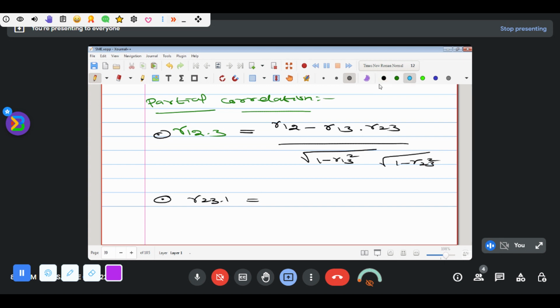So how to memorize this formula? For r 12.3, R12 minus R13 R23, divided by root of 1 minus R13 squared, root of 1 minus R23 squared. Using the same idea for r 23.1: R23 minus R21 R31, where R21 and R12 are the same, and R31 and R13 are the same.